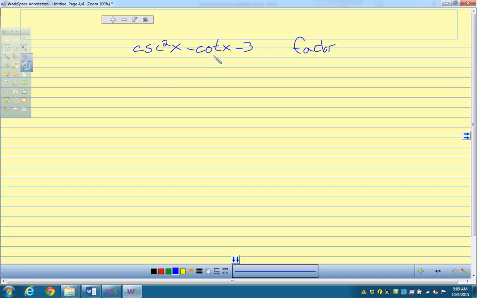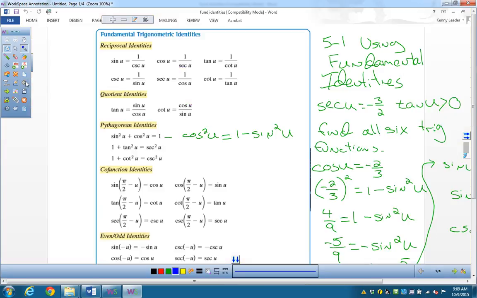if you see something that looks like this, we have an identity that says cosecant squared. Let's go back. Where was that identity? See this one right here? Cosecant squared is equal to 1 plus cotangent squared. Okay?